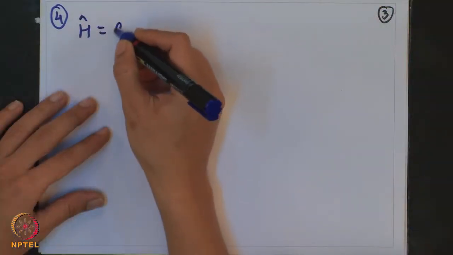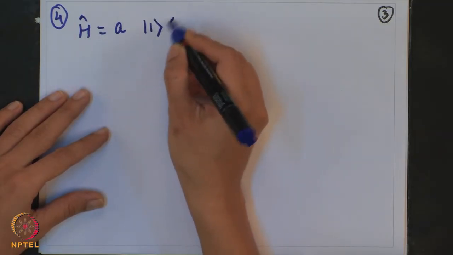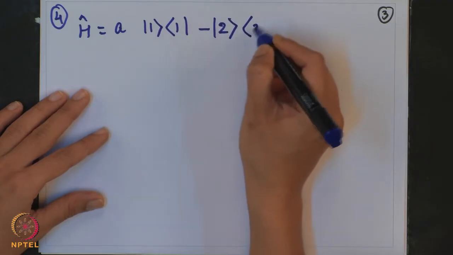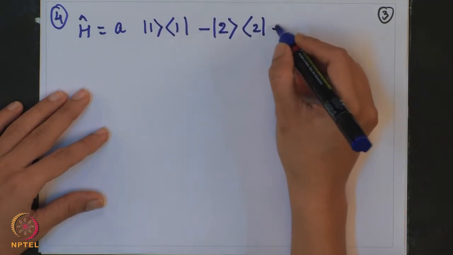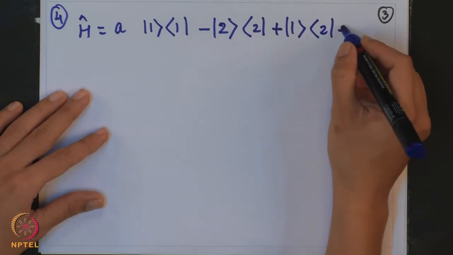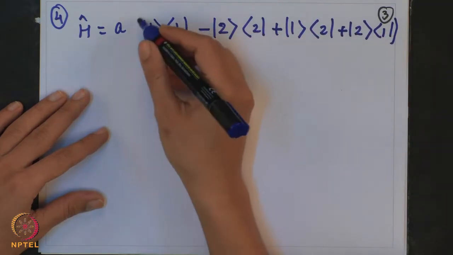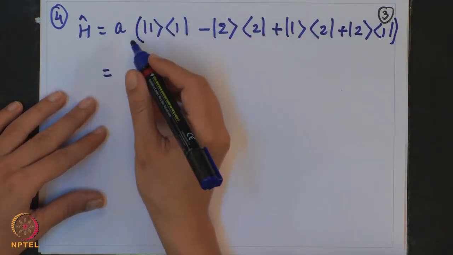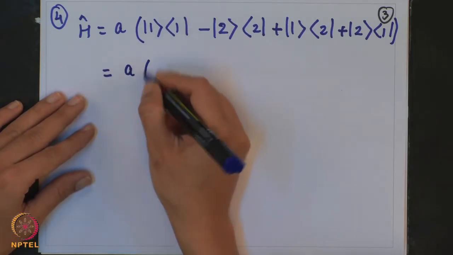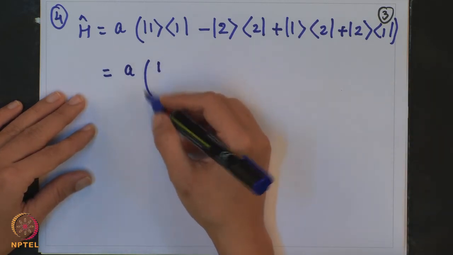If the Hamiltonian is written in terms of these eigenvectors, I think you all know by now that you can write this Hamiltonian operator in terms of a matrix.